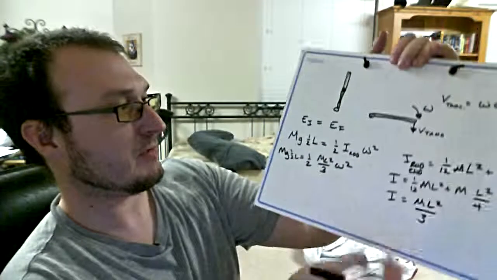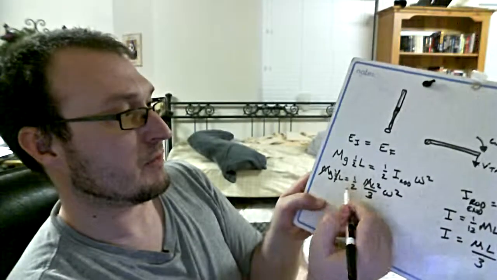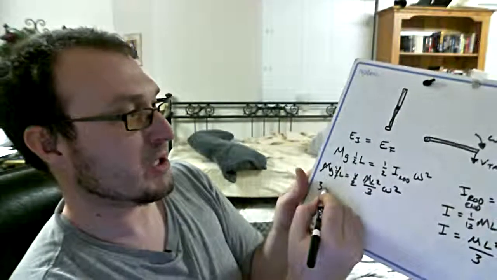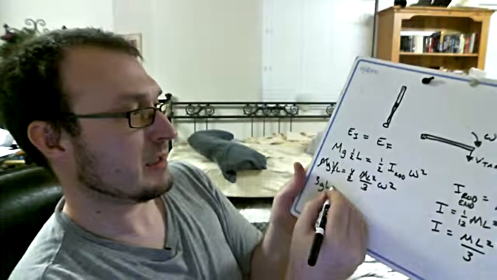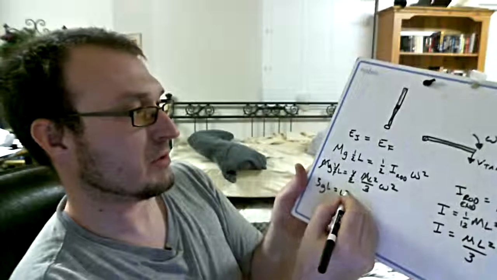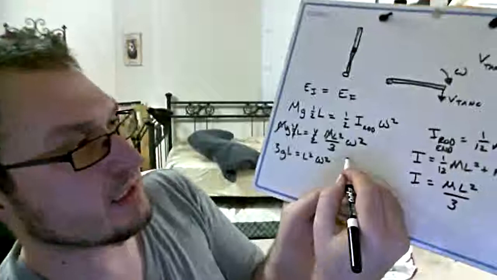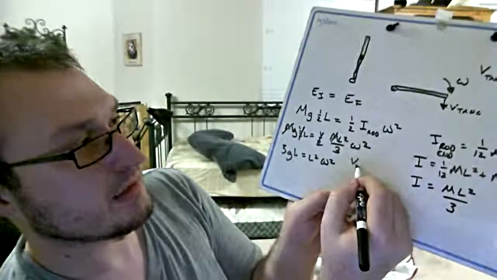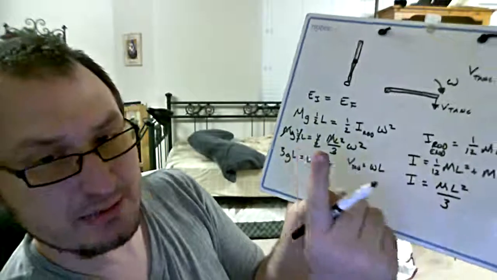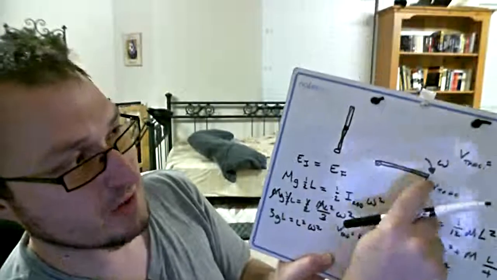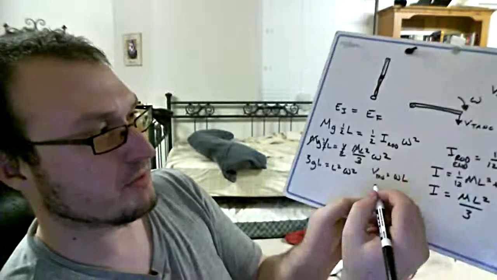We want to solve for omega, and this stuff drops out pretty quick. You get 3GL equals L squared omega squared. Now remember what I said: the tangential velocity equals omega times L. I'm taking it as L because we want the velocity all the way out at the end of the rod, so you use the full length there.